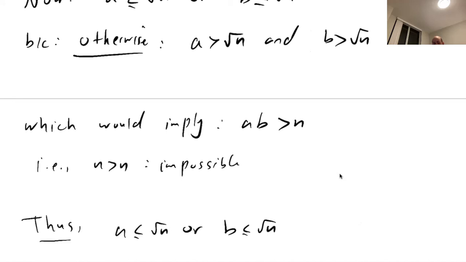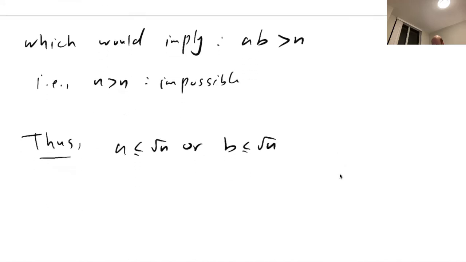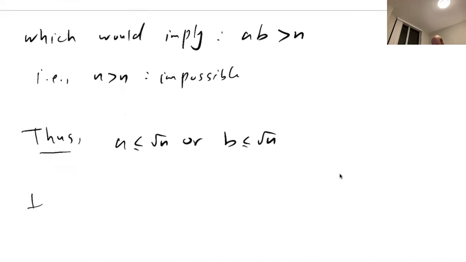Now this A itself, so if A is less than root N, again, I can have two possibilities.